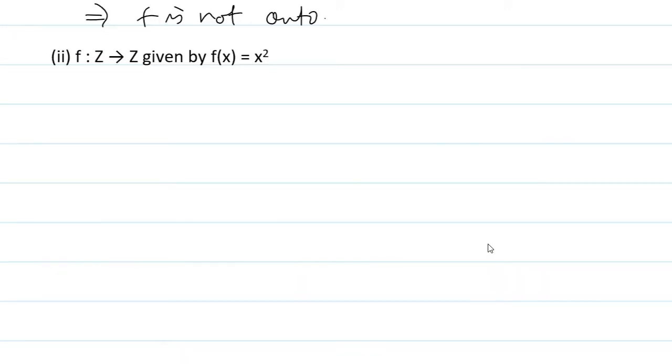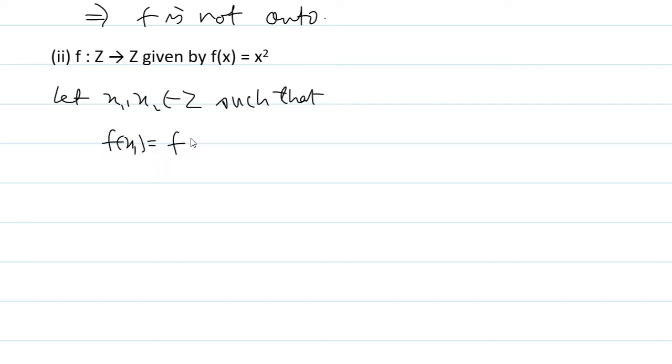f is not onto. Now let us come to the second part. Let x1, x2 belonging to the domain Z such that f(x1) is equal to f(x2). Now applying the definition, x1 square is equal to x2 square.